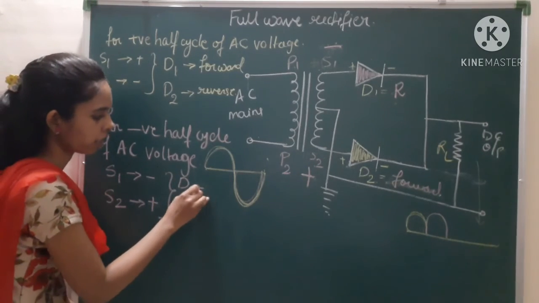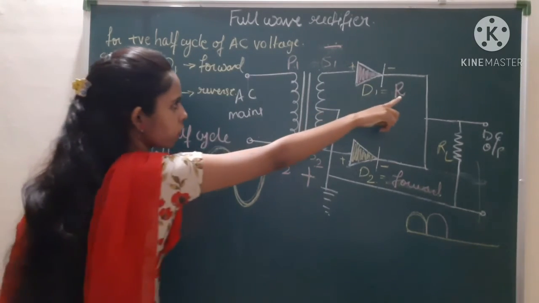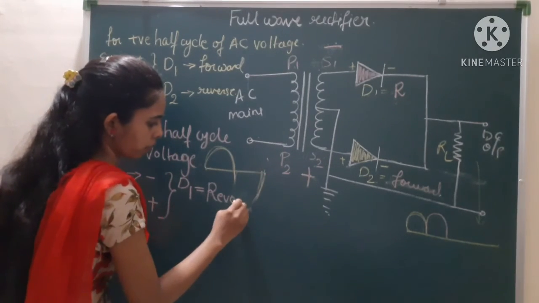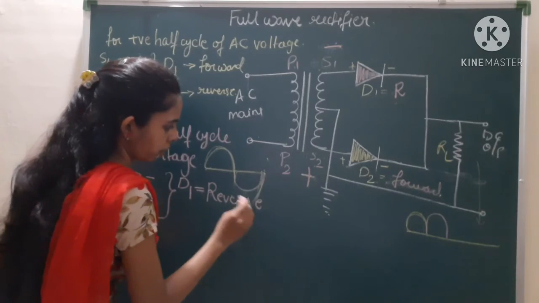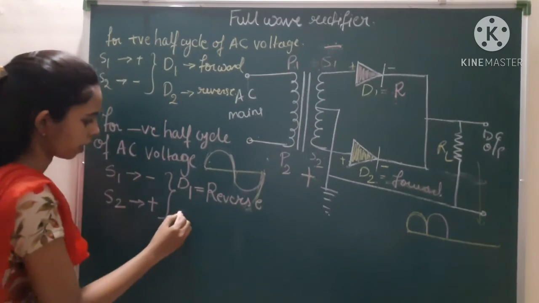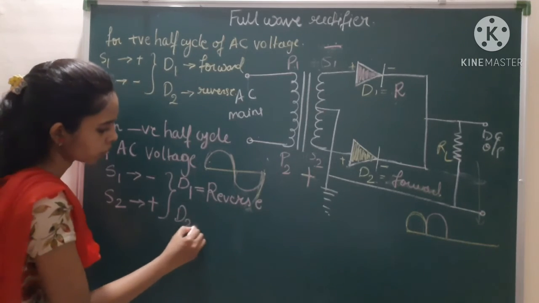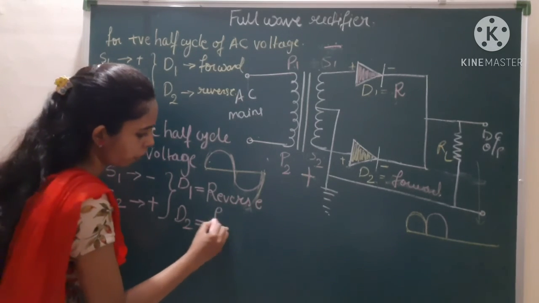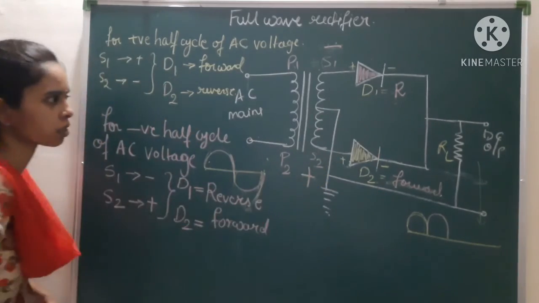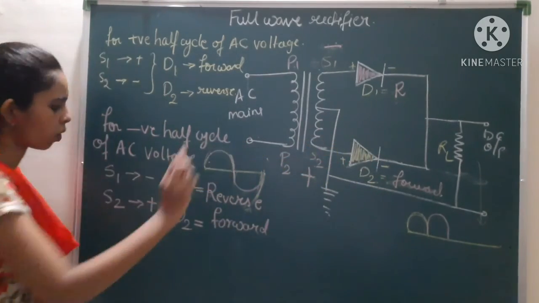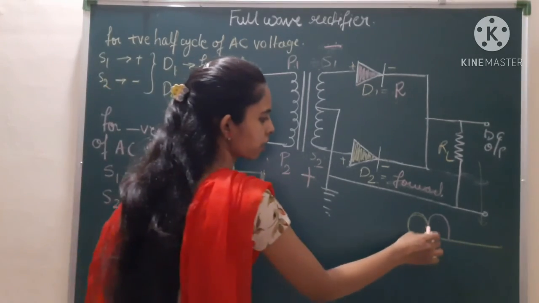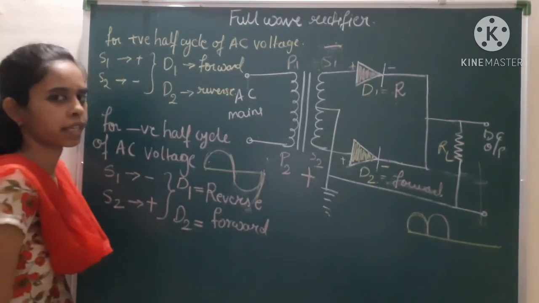So therefore D1 is now working in reverse bias mode, and D2 is going to work in forward bias mode. So the DC output is going to be produced due to D2 now. Okay. Therefore at the output you will get the second half cycle.